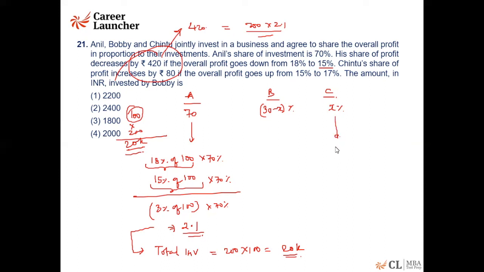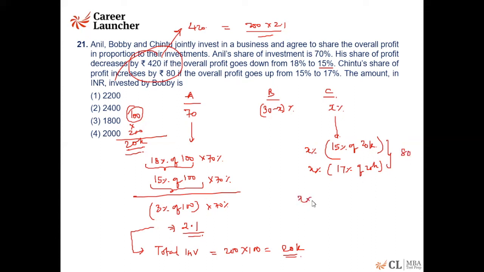So Chintu has 15% of 20,000, and X percent of this would have been the profit share when the profit was 15%. In the case when the profit is 17% of 20,000, his share would have been X percent of this. So the difference between these two, we are saying, is rupees 80.